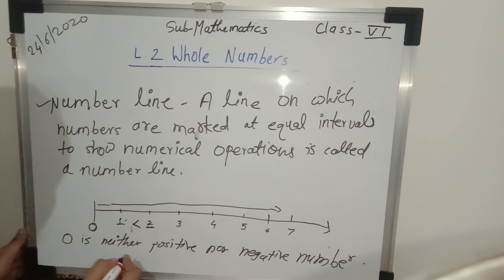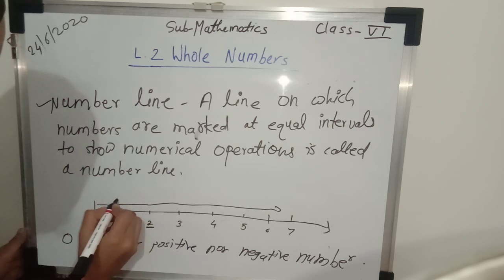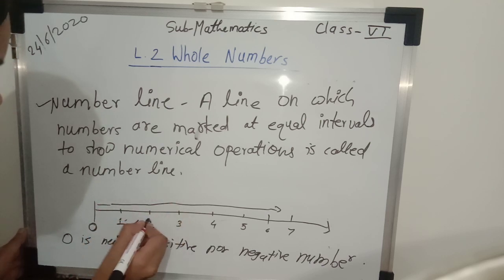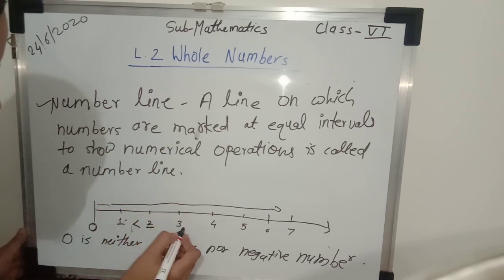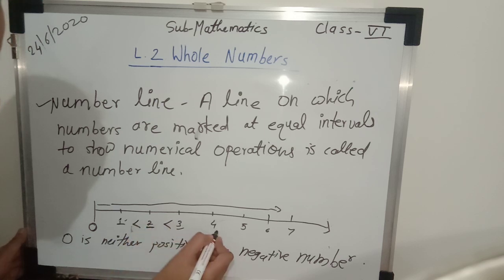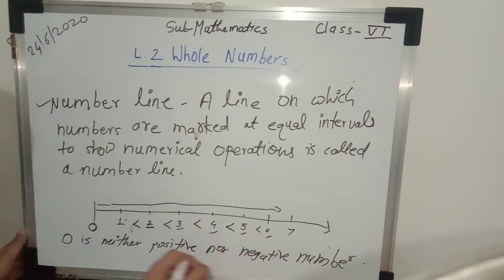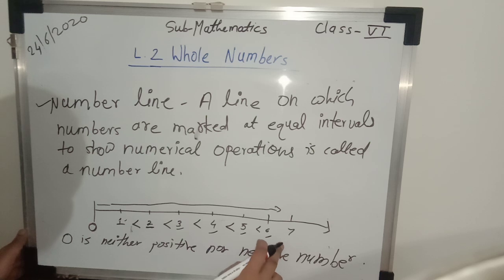In simple words, if we are moving from left to right, each number's value increases, and that's why 2 is greater than 1, 3 is greater than 2, 4 is greater than 3, 5 is greater than 4, and 6 is greater than 5.